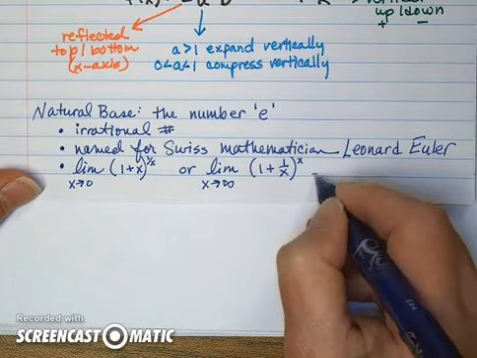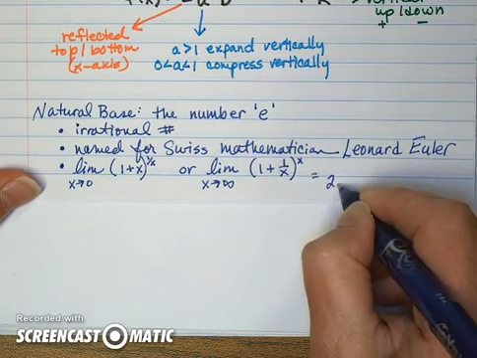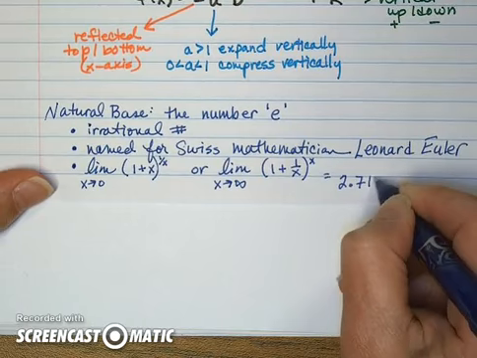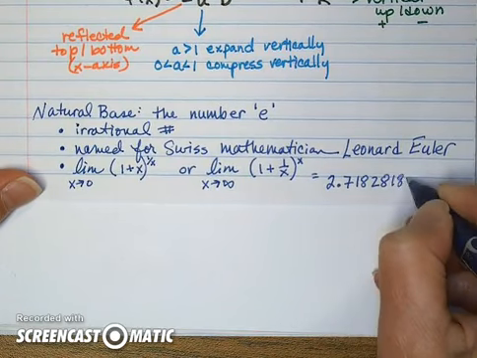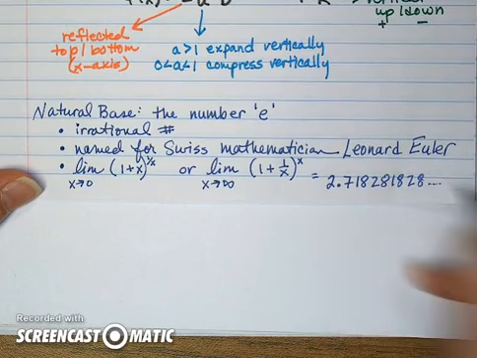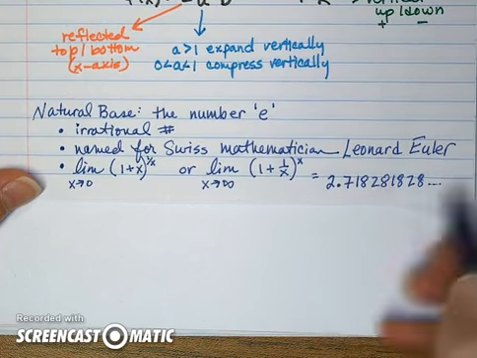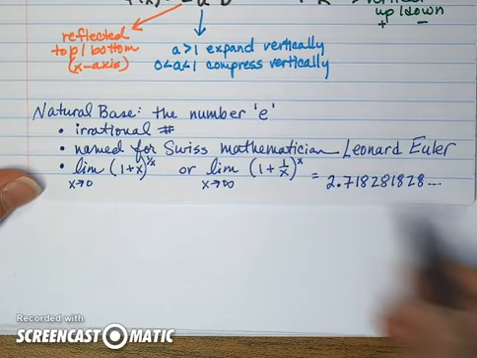And the number is 2.718281828. It keeps on going. We usually will just say 2.718.